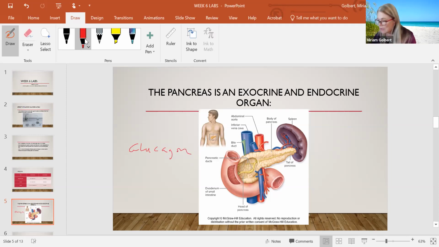Glucagon. So glucagon is the antagonist hormone to insulin, and it's secreted by alpha cells, okay? Alpha. Beta is insulin, and then we also have in those islets delta cells, which secrete somatostatin. So I'll write it on the other side.